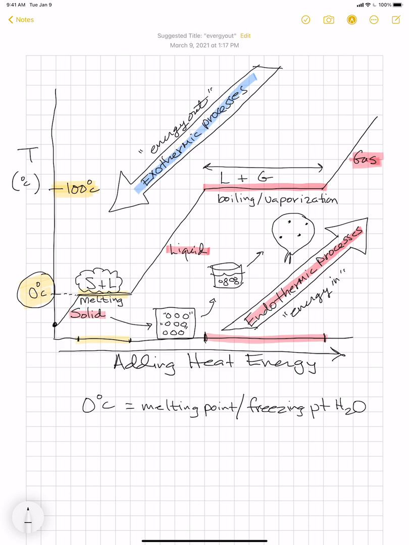What would be some processes that released energy as they happened? Well, it would be the opposite of boiling or vaporization. So what is the term for the change of state that when you see a gas becoming a liquid? I know you're raising your hand, and that is condensation. Okay?